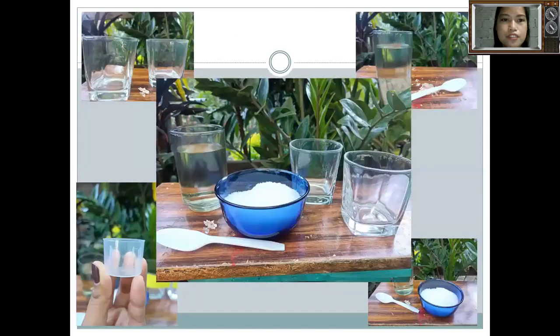So here it is, the glass, water, spoon. I don't have this spoon, that's why I use a little measuring cup for ml. Sugar, and that's it.